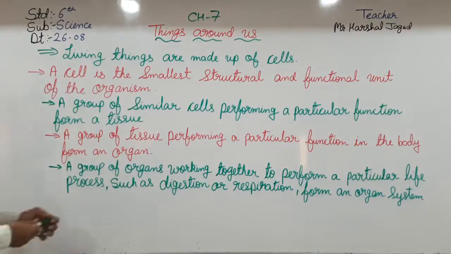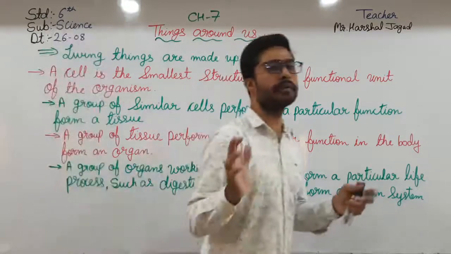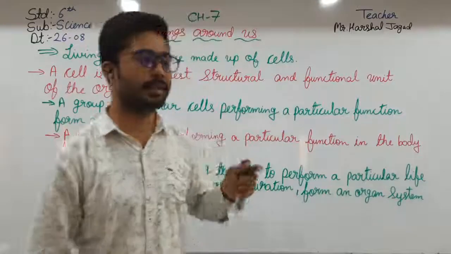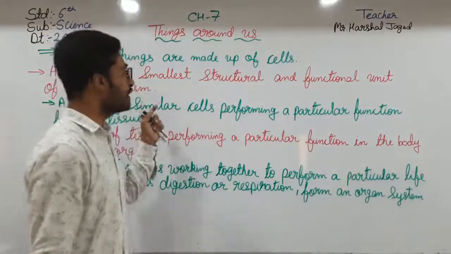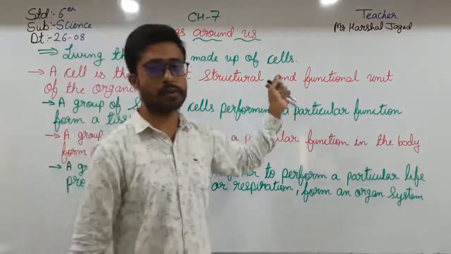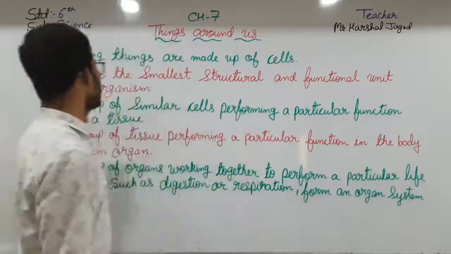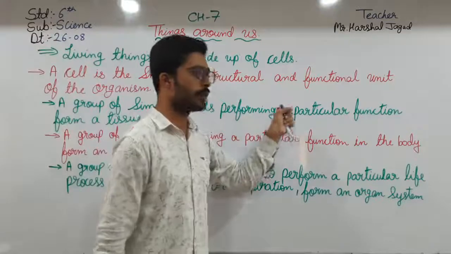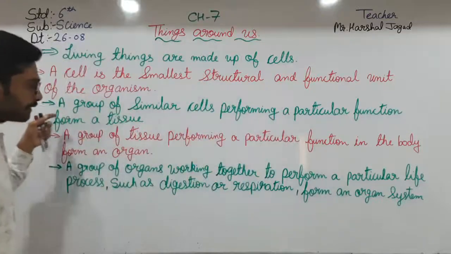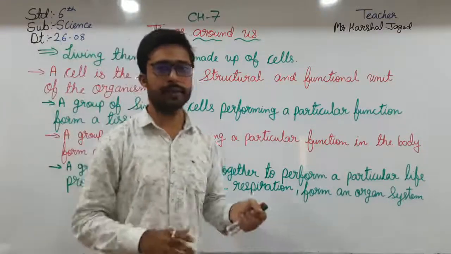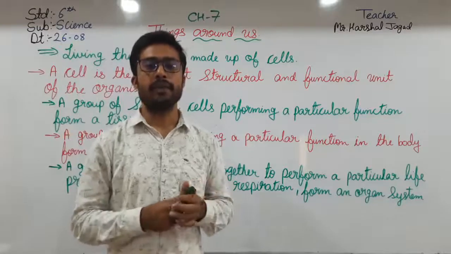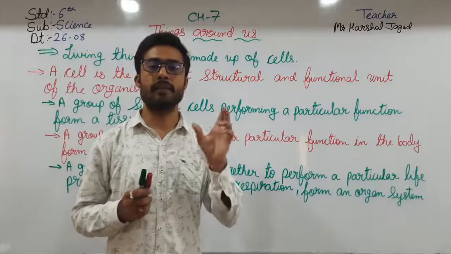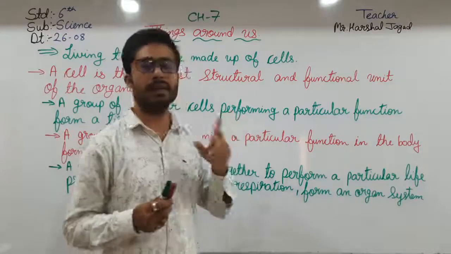So first of all, living things are made up of cells. What are the cells? The cells are the smallest structural and functional unit of the body. Then a group of cells performing a particular function forms a tissue, which means all the similarly functioning cells combine together to form a tissue.